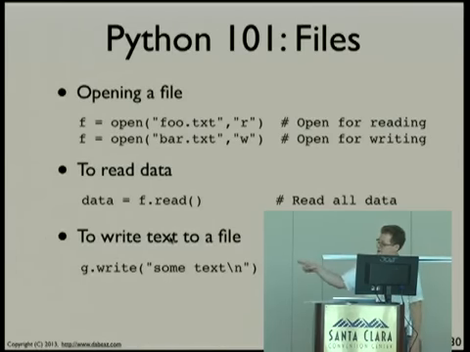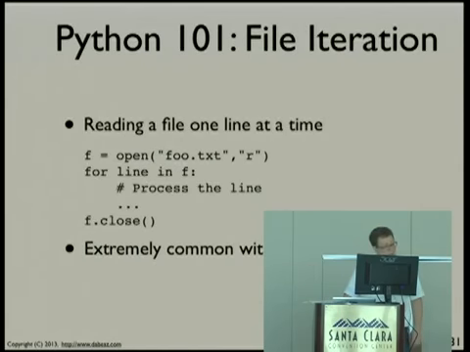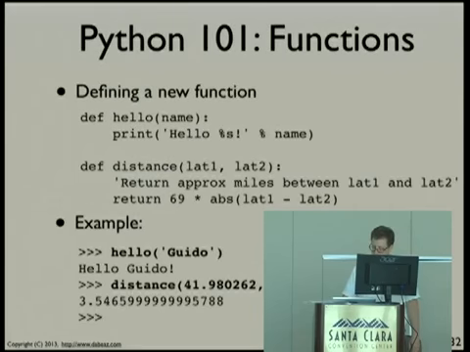Write will take data and write it out to a file. Another idiom that's very, very common with files is reading one line at a time. Typically you do that by opening up a file, doing a for loop on it, and then going line by line. It'll read until you get to the end of the file. So those are some idioms with files.